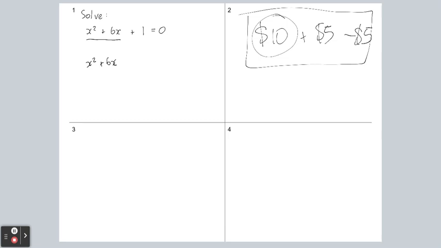Okay? And this is why you needed to know those rules really well. So the rule for a perfect square is a squared plus 2ab plus b squared equals a plus b all squared. Yes, yes, yes?